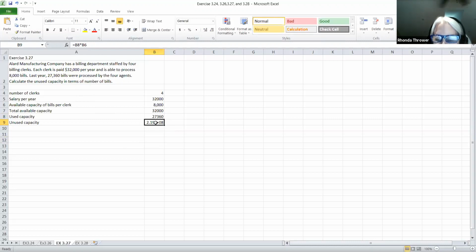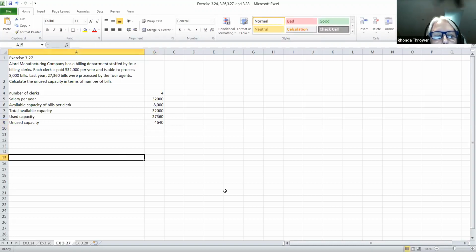And then this is found just by simply subtracting. Okay, so I've got it back in there the way it should be. So the answer to this problem is the unused capacity is 4,640.